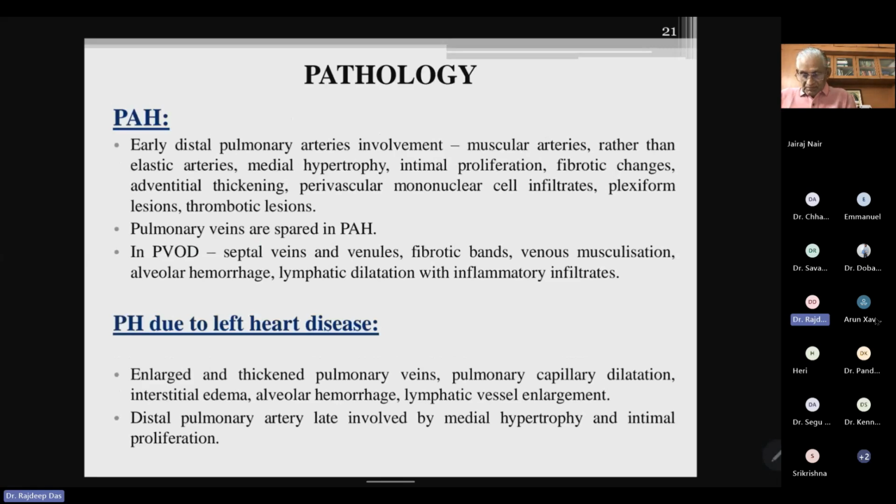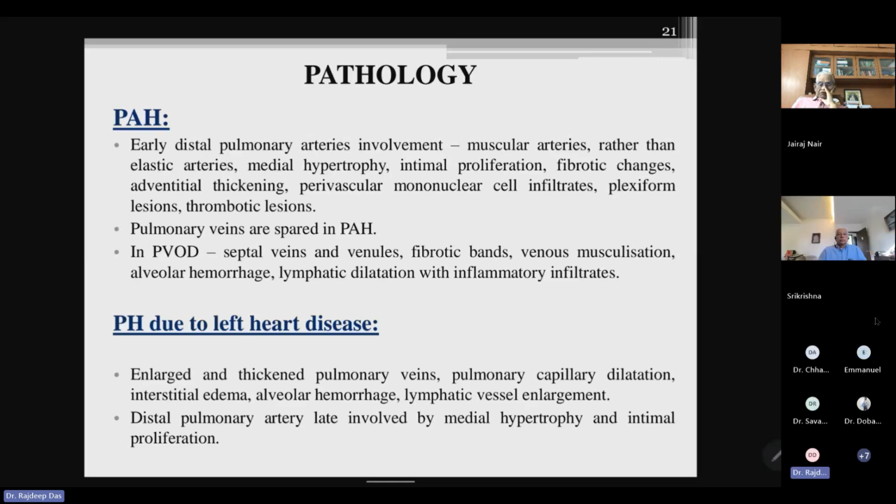In primary pulmonary arterial hypertension, as already discussed, the early distal pulmonary arteries are involved, which are muscular arteries rather than the elastic arteries. There is medial hypertrophy, intimal proliferation, fibrotic changes, adventitial thickening, perivascular mononuclear cell infiltrates, plexiform lesions, and ultimately thrombotic lesions.